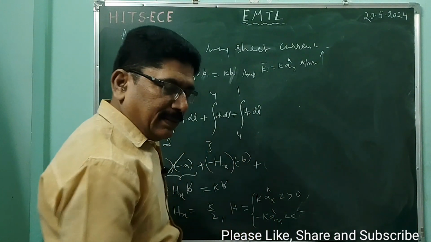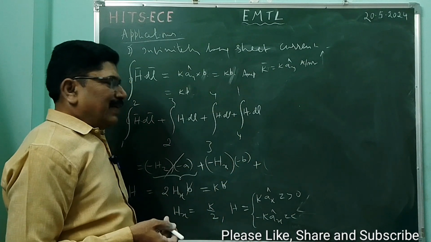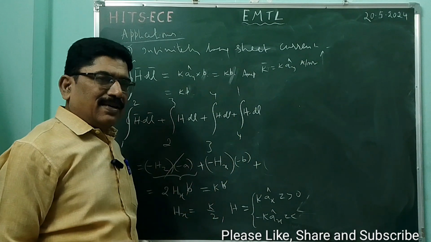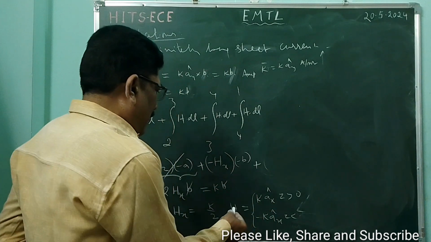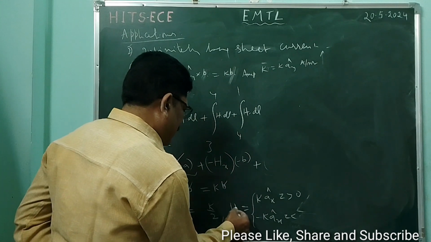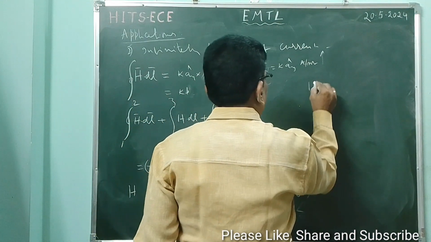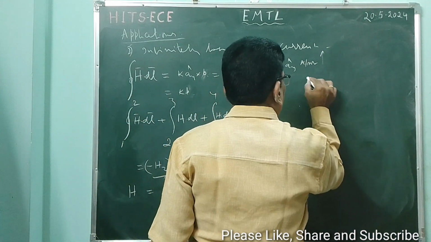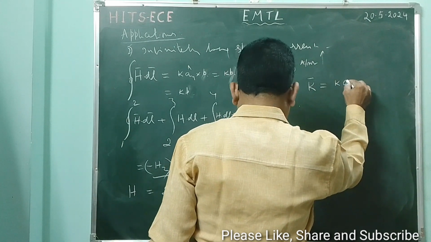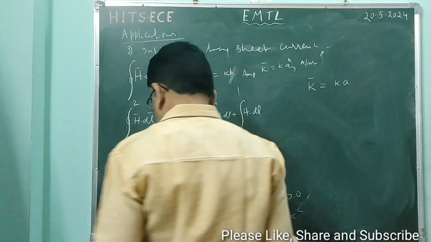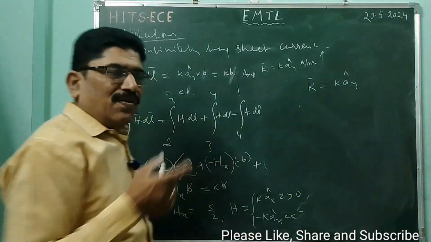So consider this line current density in the direction of y-axis. It can be in the direction of z or x-axis also. Let us find out the direction of this H. The vector K is equal to K into ay cap, since it is in the direction of y axis.